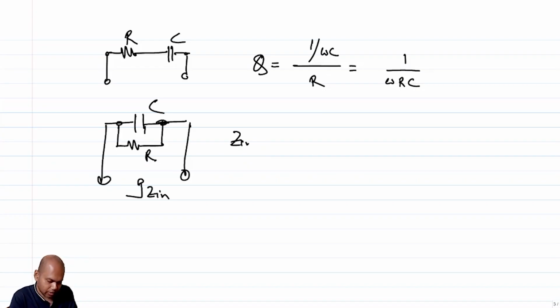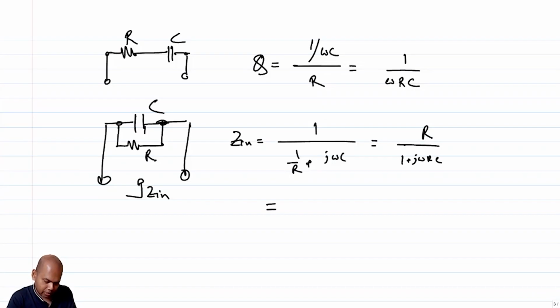But if I solve for this, what do I get? What is Zin? Zin is 1 over (1/R plus j omega C), right? So basically R by 1 plus j omega RC, and if I do the real part imaginary part thing, this will be R times (1 minus j omega RC) divided by 1 plus omega square R square C square.